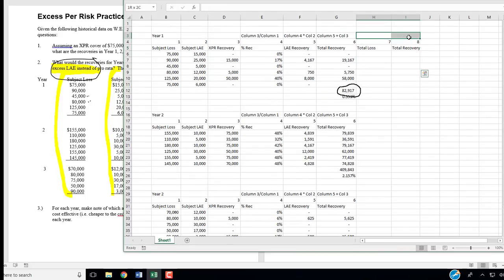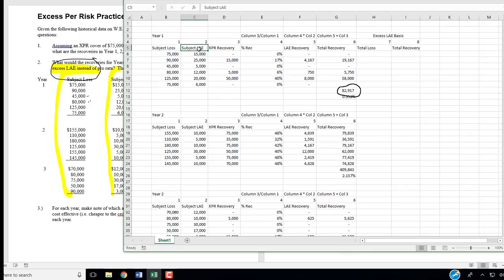I'm going to also make note that this is on an excess LAE basis. So instead of calculating the percentage of the loss recovery and then multiplying that by the LAE, we are going to treat the LAE here as if it is just part of the loss and then apply the treaty. So I'll say that again.